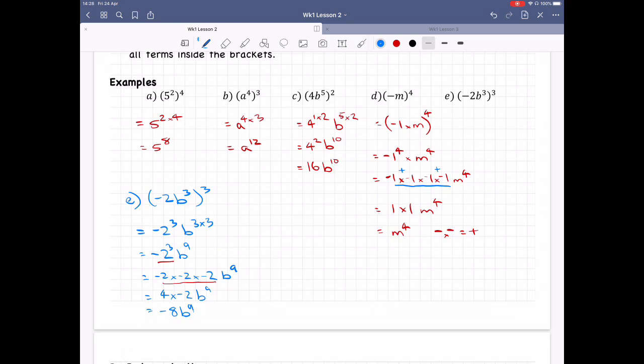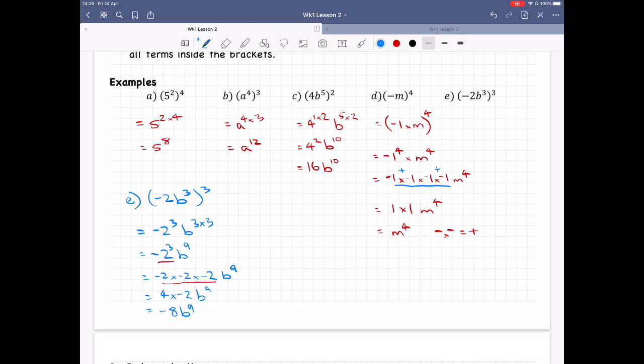And as before, what we are seeing is when we have an odd power which is attached to a negative, as we have here, then our final term is going to remain negative.